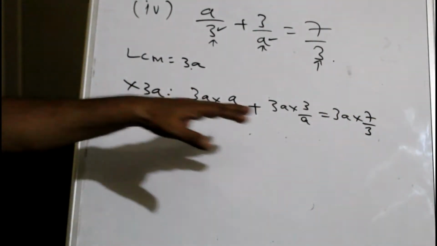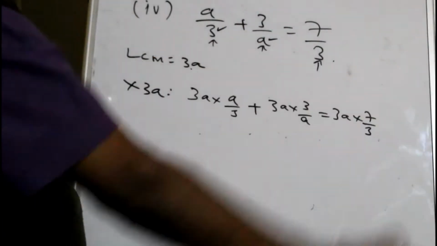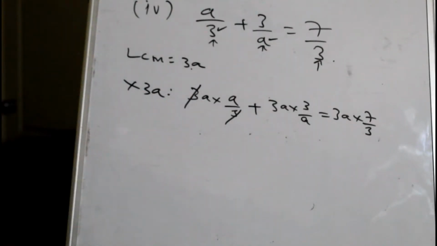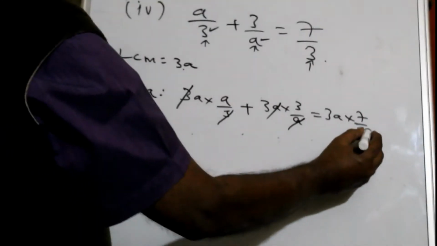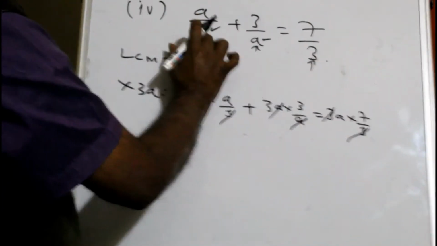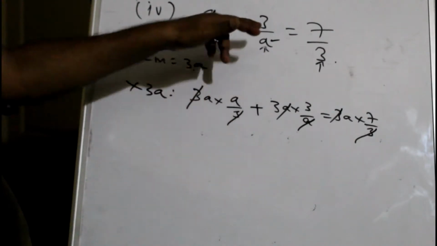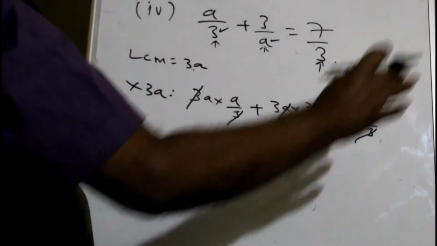In one step, if you multiply by the LCM, the denominator vanishes. See, this 3 gets cut off, denominator gone. Again, a is gone. Again, 3 is gone. So all the denominators vanish. Or you can take the LCM and then cross multiply, but this is much easier.